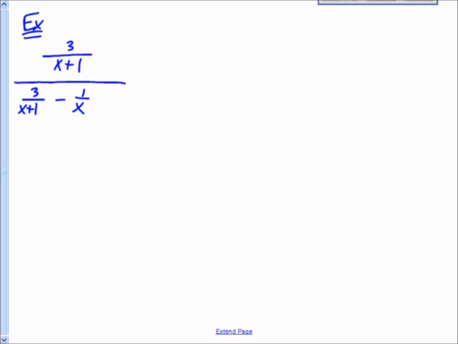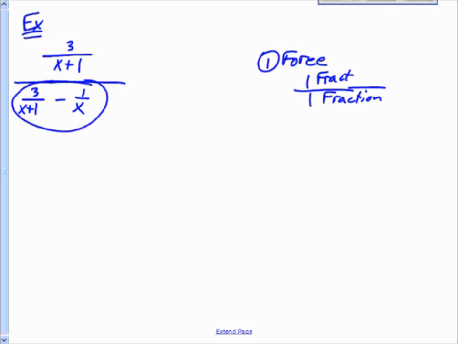So what you want to do here is force it to be one fraction over one fraction, and then we'll do the old keep change flip. So like right here, I want to get this to be one term, one fraction, if you will.